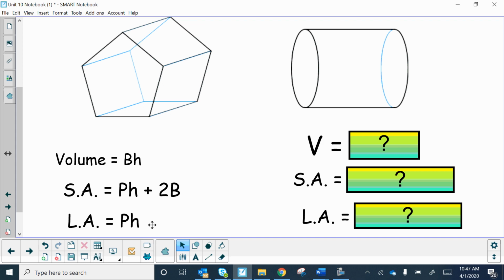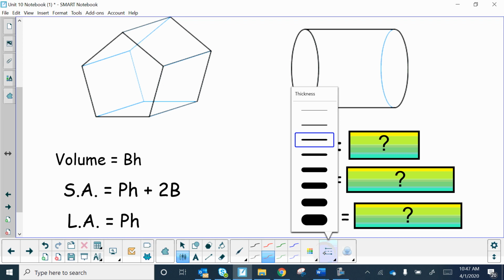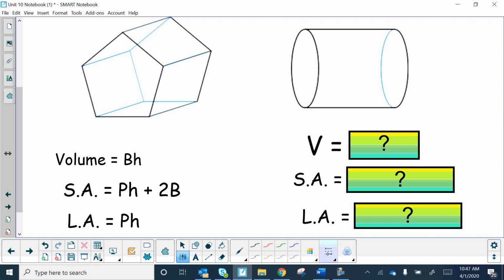So what does each thing stand for? Capital B stands for area of the base. So you always want to identify what the base is.